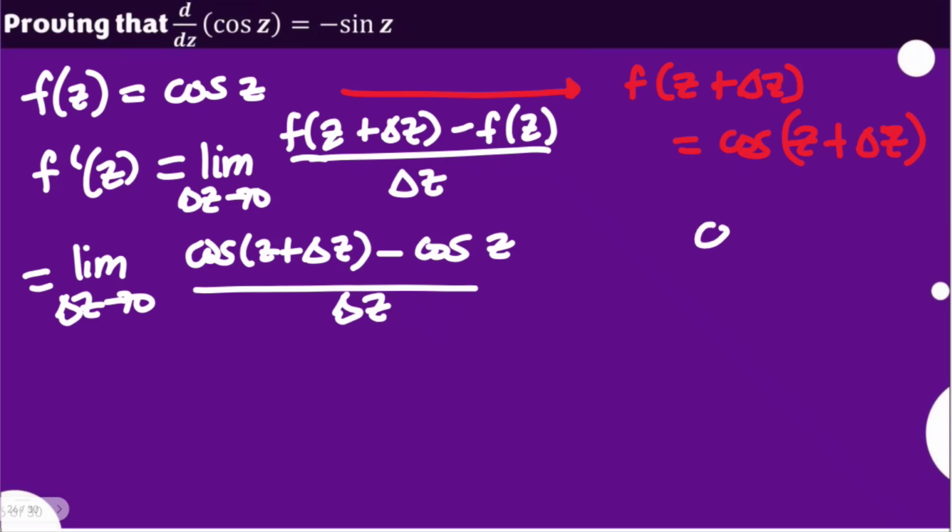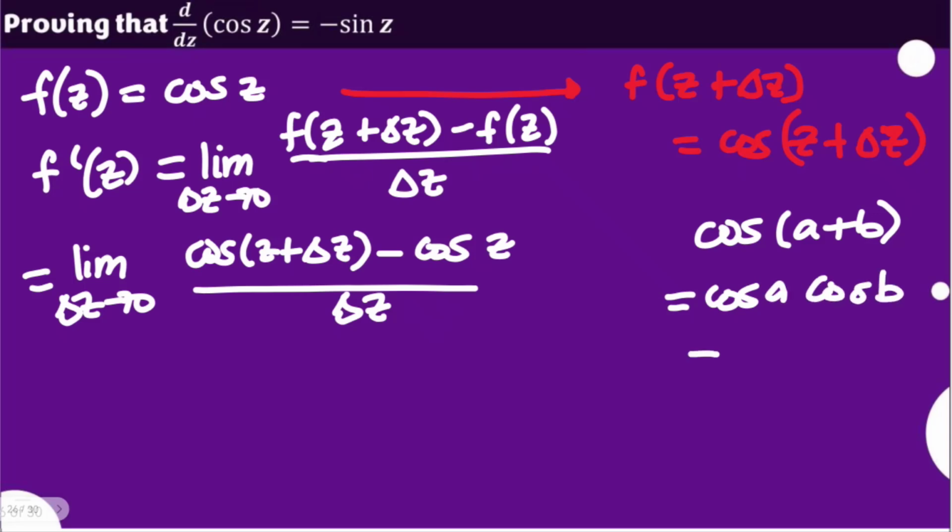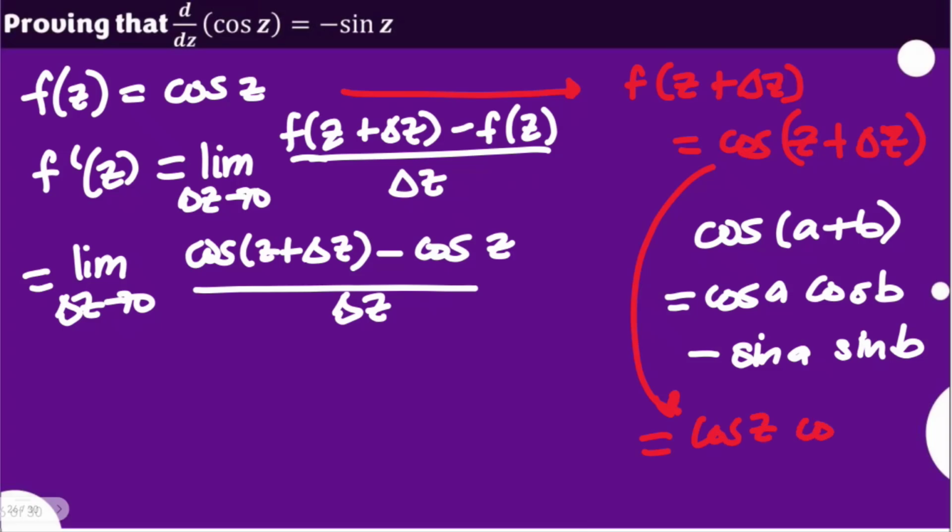We know that cosine of a plus b is equivalent to cosine a times cosine b minus, it's opposite, minus sine a and sine b. So using this, we'll have here cosine of z times cosine of delta z minus sine of z times sine of delta z. That is the item we need to substitute here.